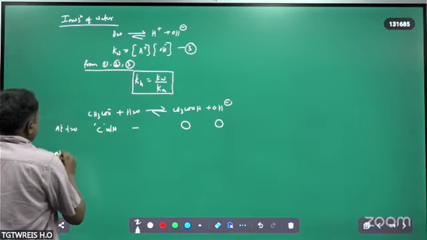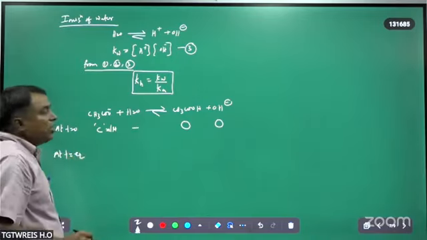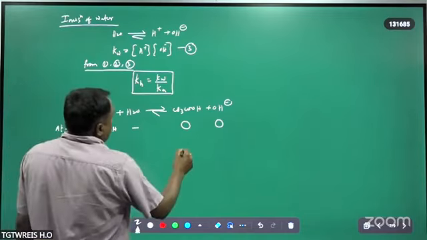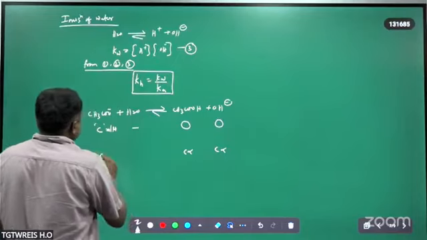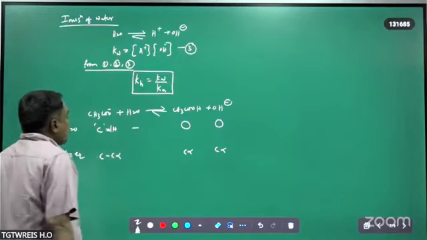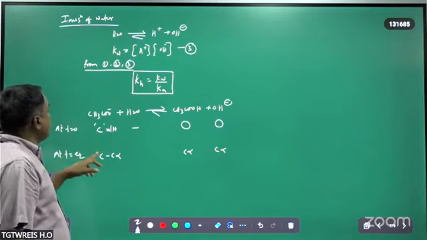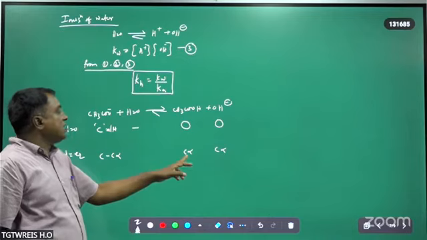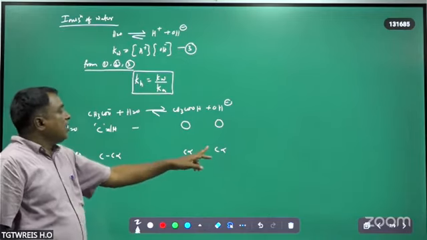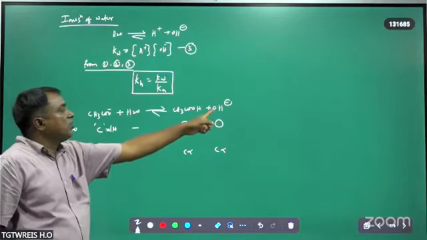After establishing the equilibria, at t equal to equilibria, what do you get? This is C alpha and this is also C alpha, and this is C minus C alpha. Initially this is C moles per liter. From this C moles per liter, after the equilibria, you get C alpha of acetic acid and also C alpha of OH minus. For 1 mole, you get 1 mole of acetic acid and 1 mole of OH minus.